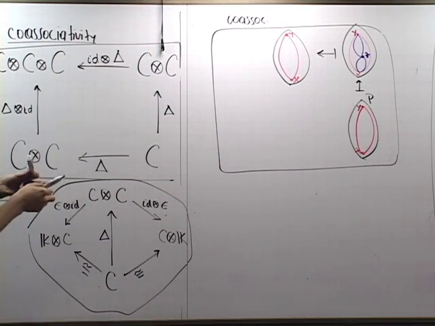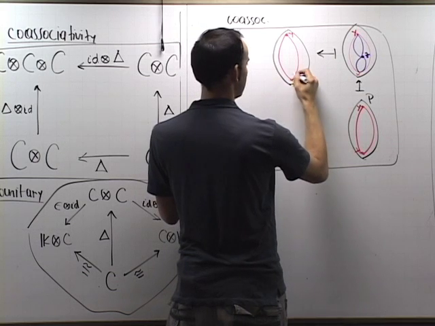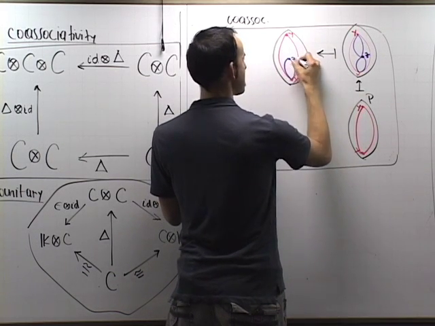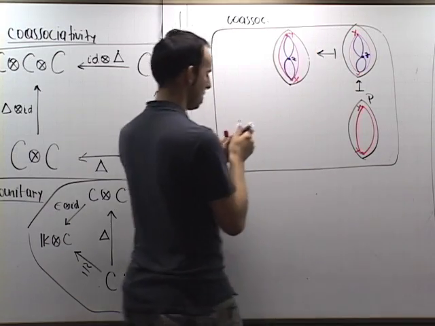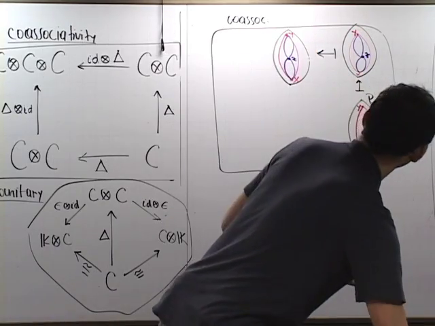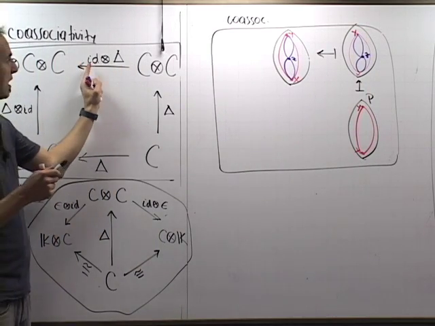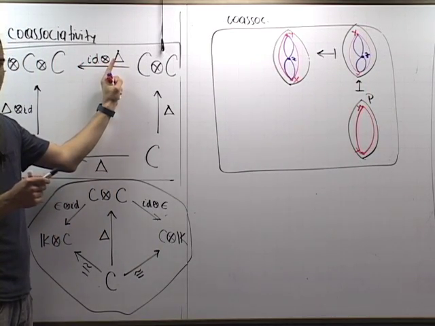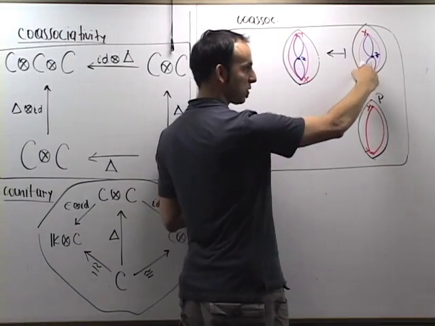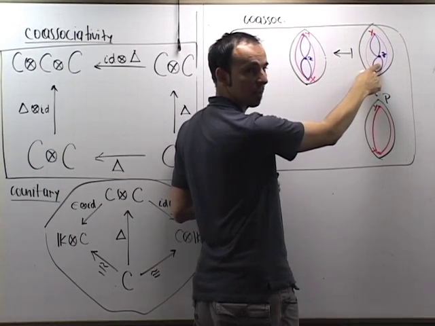Okay, now what happens when I apply the coproduct? When I apply this map, I apply the identity tensor the coproduct. So what I'm going to do is that in the first coordinate, remember this is this tensor this, the first coordinate I have to leave it alone.